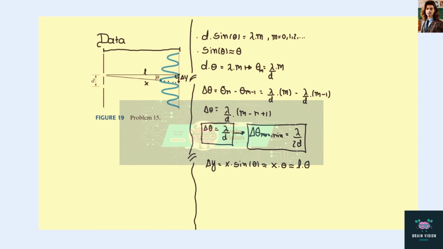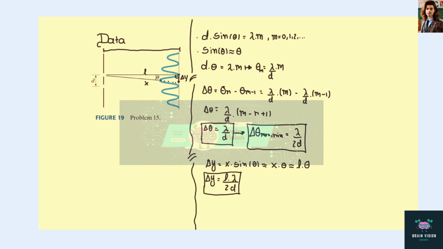We had calculated already what angle this is, but we had called it delta theta. So this delta theta is equal to lambda divided by 2 times d. Therefore, we can substitute theta by delta theta to get the following separation. Delta y is equal to L times lambda divided by 2 times d. So this is the approximate separation between a maximum and a neighboring minimum at the screen.